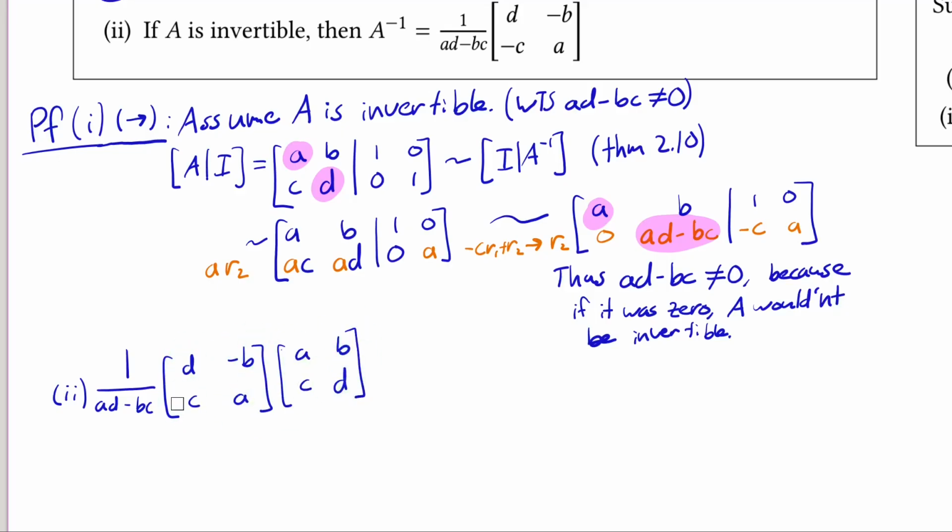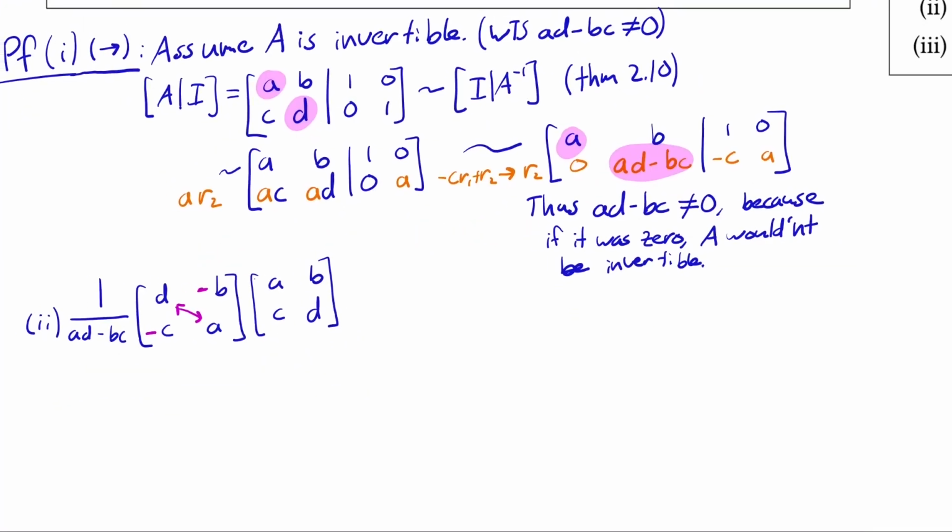It's worth pointing out how this formula works. We have the opposite of b and c. Those are just in the same location, just change sign. And d and a switch places. And we're also dividing by this ad minus bc thing. So hopefully we multiply this out and get the identity.